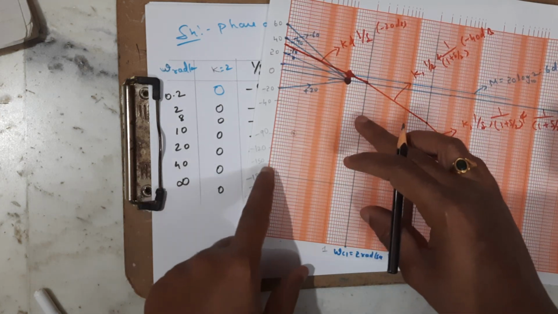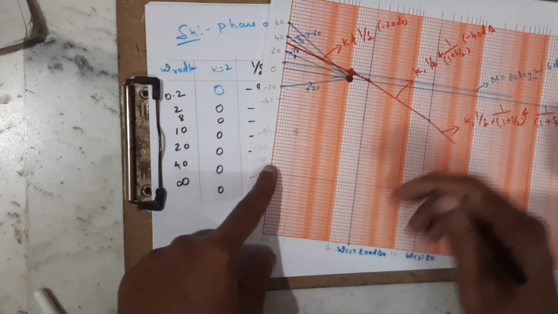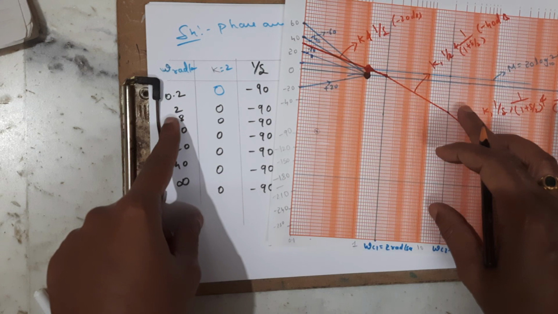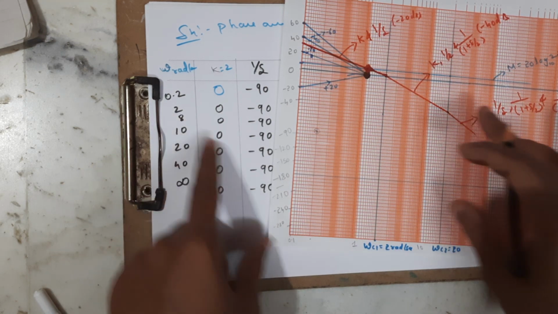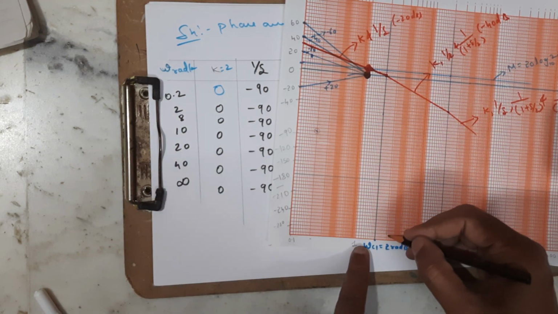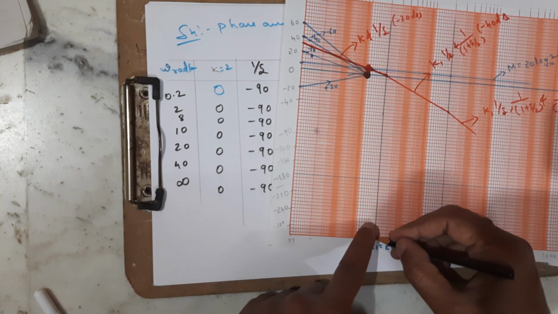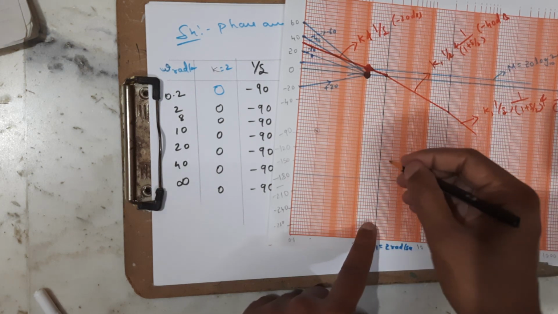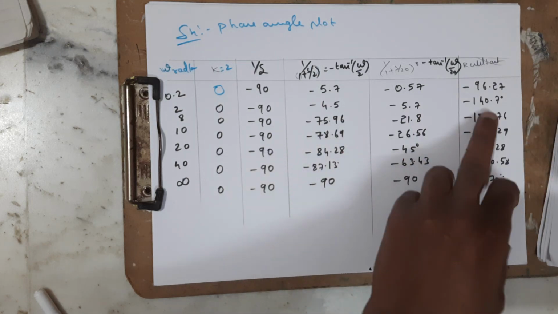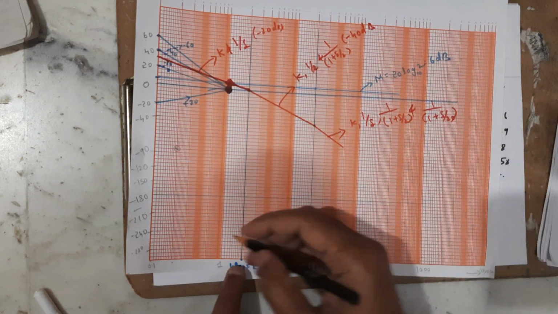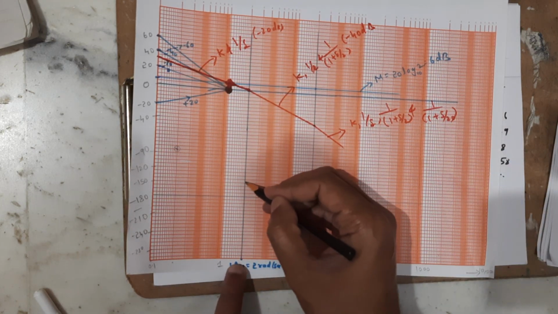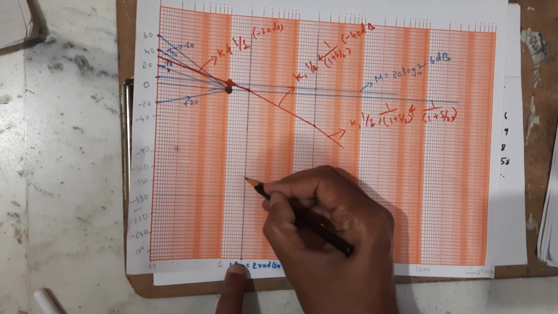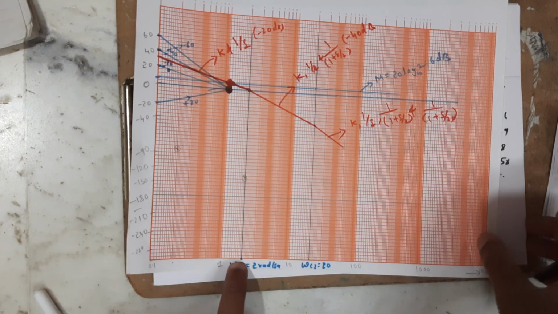Here we have 150, so somewhere here I'm going to mark minus 140.